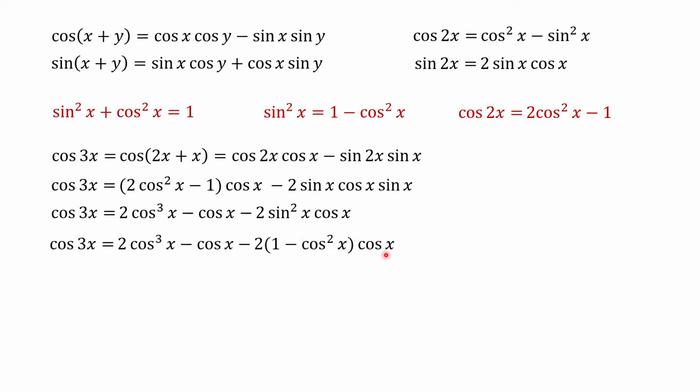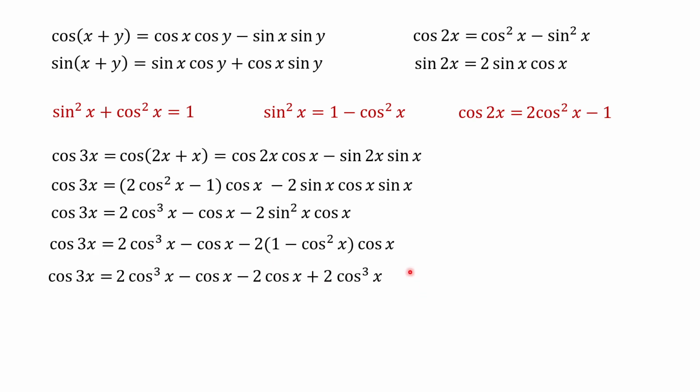And again, we're going to open the parentheses. We have 2 cosine x times 1, okay? And then we have 2 cosine x times cosine squared x. Again, cosine x times cosine squared x gives us cosine cubed x. And also remember there's a minus here, and they give us plus. And this is what we're going to get.